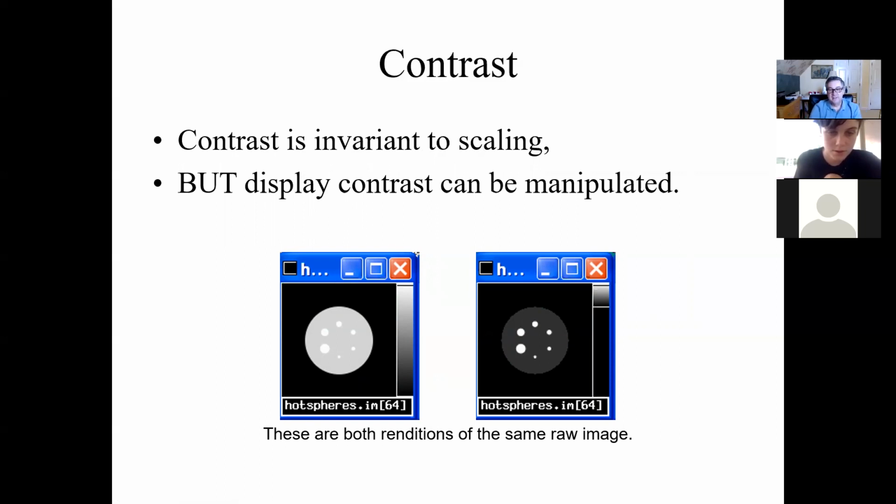And so here these are both renditions of the same raw image, but I have changed the grayscale mapping. So this is 0.5, this almost very dark gray, and this is 0.5, this almost very light gray in this case.